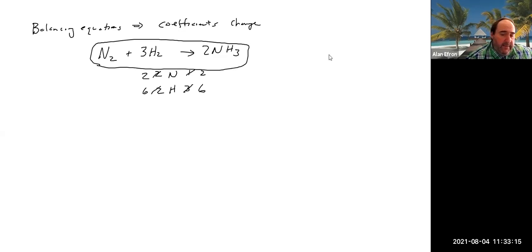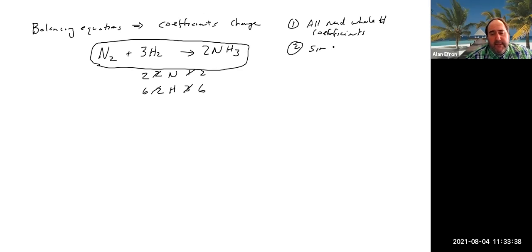Other things that we talked about here, 2 main things that you want to remember is to have a properly balanced equation, they all need to be whole number coefficients. And it does need to be the simplest set of whole numbers.